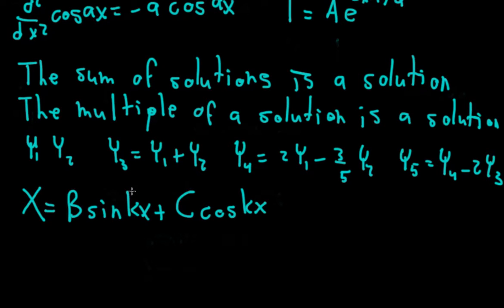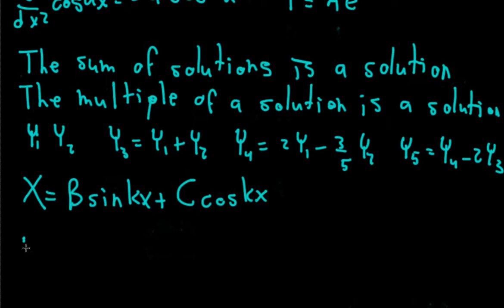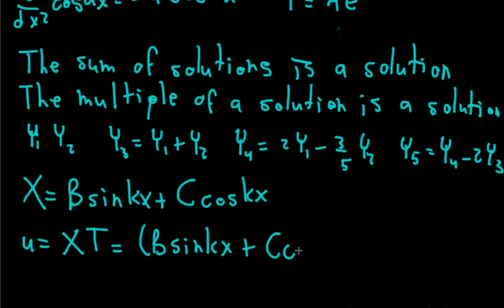And actually, that's it. We can now say safely that u, that was equal to X times T, is equal to b times the sine of k x plus c times the cosine of k x, times A times e to the minus k squared t over alpha.